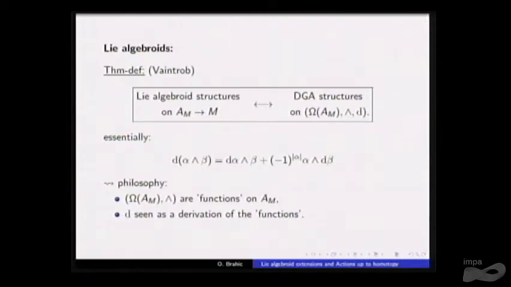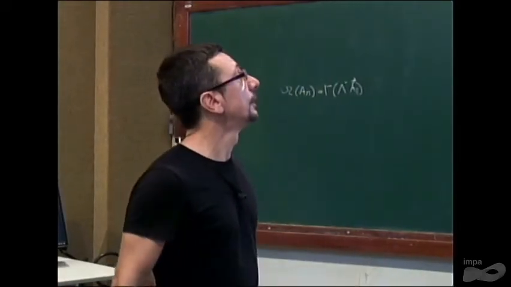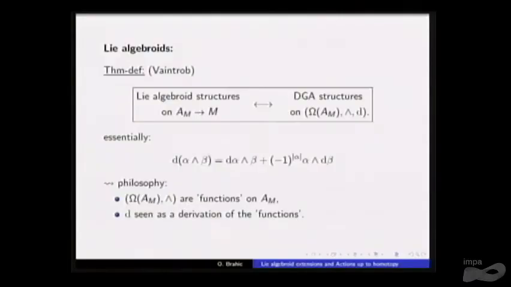And so what is the differential graded algebra? It's just an algebra with a grading and a differential. Since the forms already come with this wedge product, once you fix your vector bundle A over M, the only thing you're left with is to have some derivation of this algebra, a graded derivation.